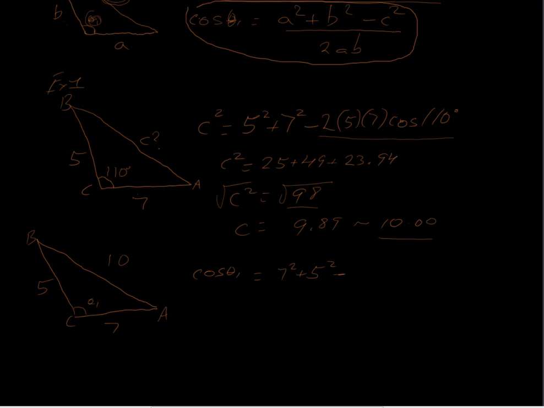Well, if we're trying to find this angle here, then the respective side is going to be negative. So if we were to find a, then its respective side, the negative side, would be 5. So we're going to say 7 squared plus 5 squared minus 10 squared divided by 2 times 7 times 5, which is equal to minus 26 over 70.